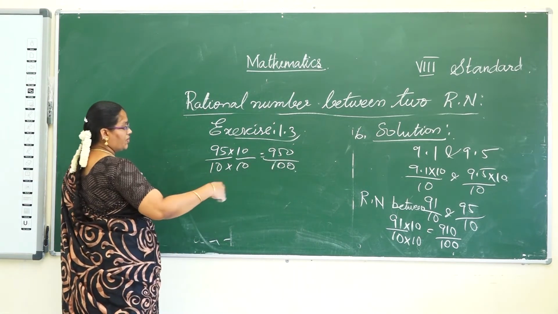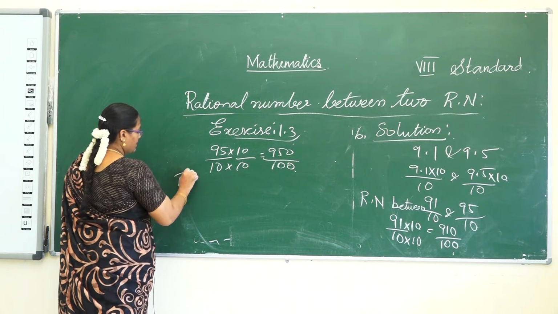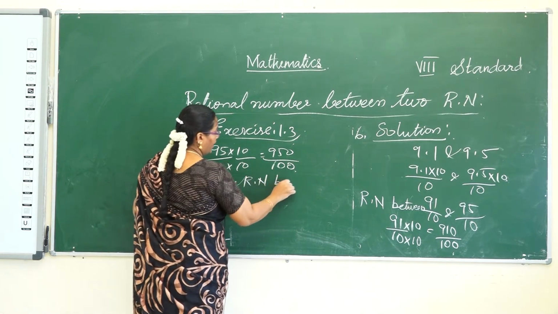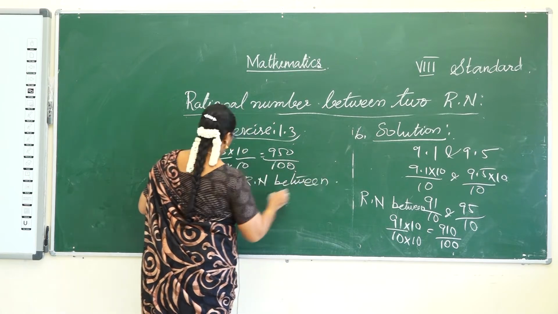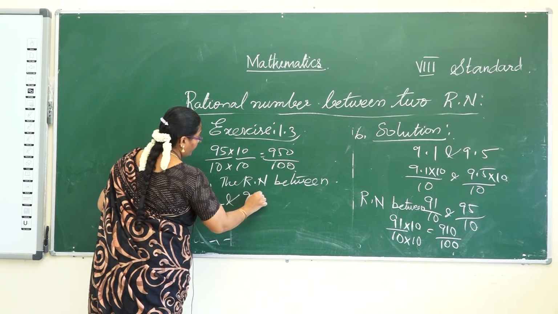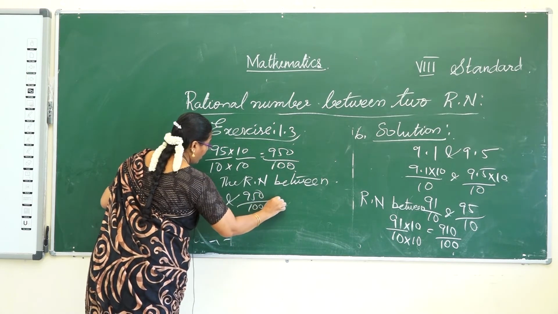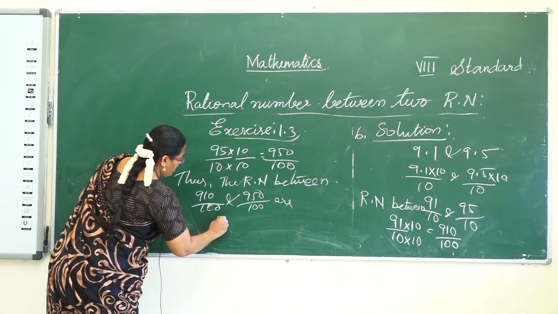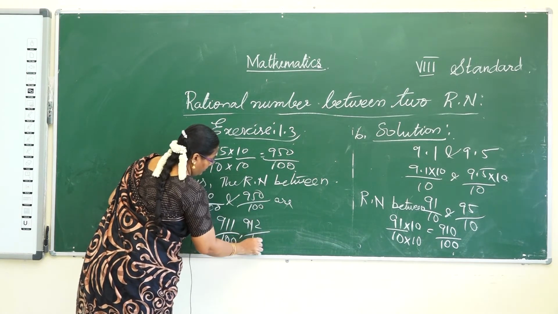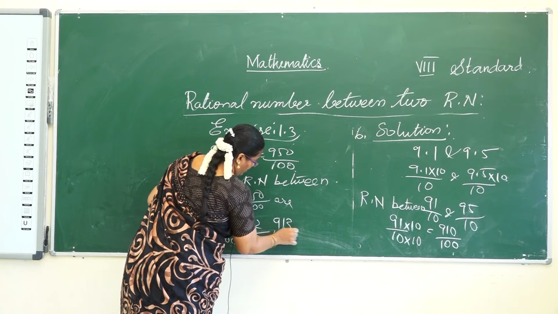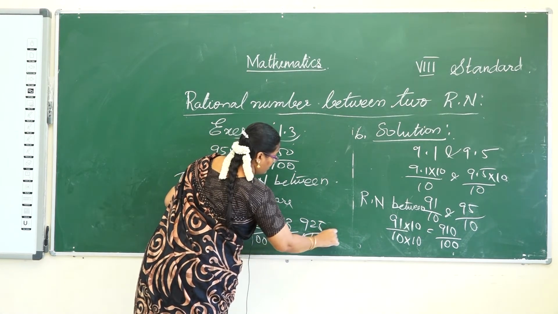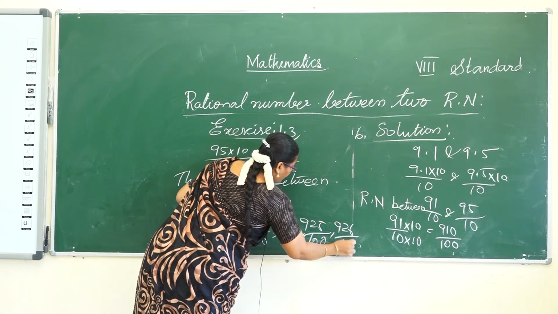So listing all the numbers between 910 and 950 by 100: 911 by 100, 916 by 100.